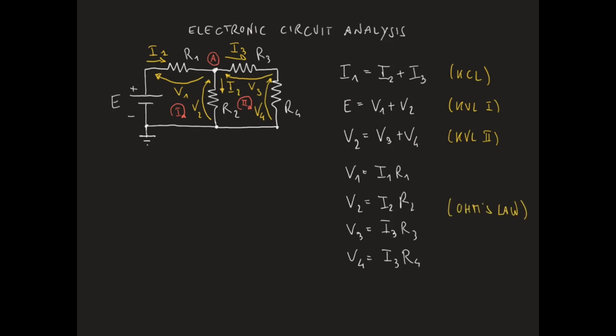If the values for the voltage provided by the battery E and for the resistances R1, R2, R3, and R4 are given, then the resolution of the system of 7 equations provides us with the values of all the voltages and the currents in the circuit.